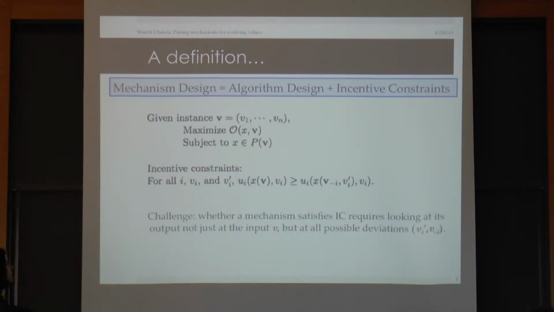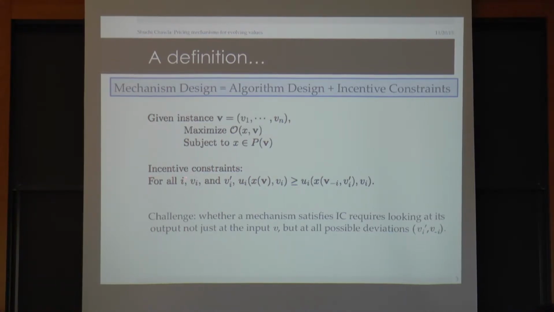Okay. So formally, what does a mechanism design problem look like? So like I said, this is the basic optimization problem we are trying to solve, trying to maximize some objectives subject to some constraints. And incentive constraints here are going to look like the following. So here I'm imagining that there are n different people that are participating in this mechanism.